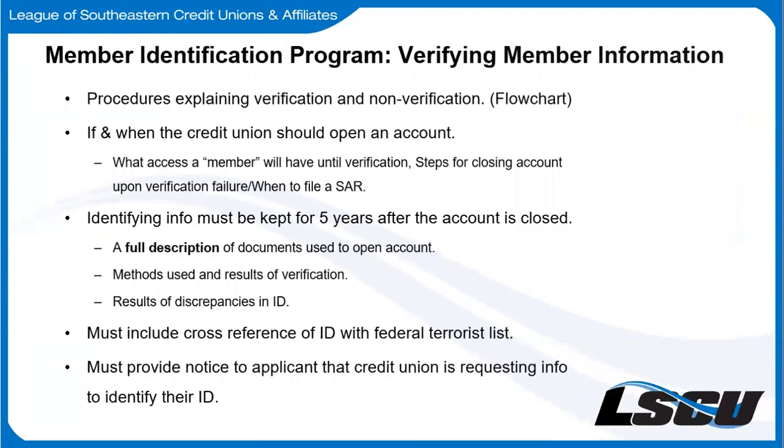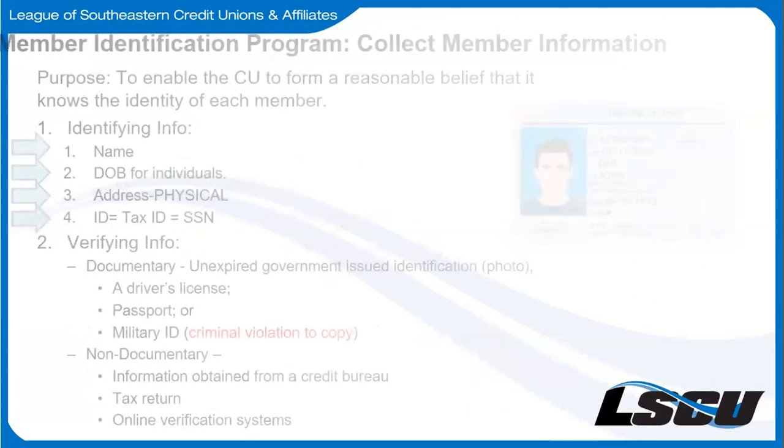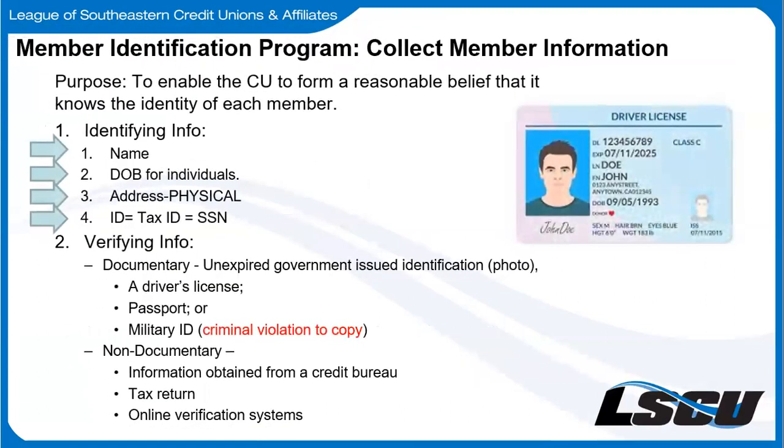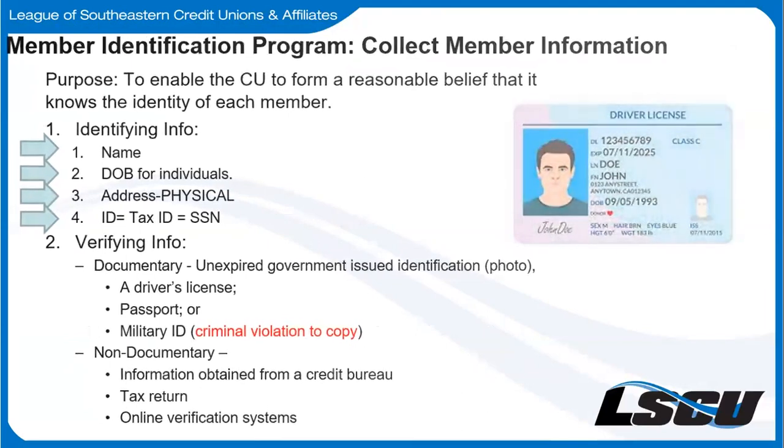We also have the non-documentary method, which can also be a great method if you have any questions or concerns, but be wary about using it on its own unless your credit union allows that via policy. That would be information that comes from a trusted third-party source, including credit bureaus, tax returns, and other online verification systems.